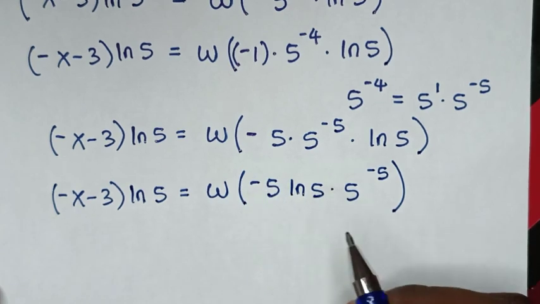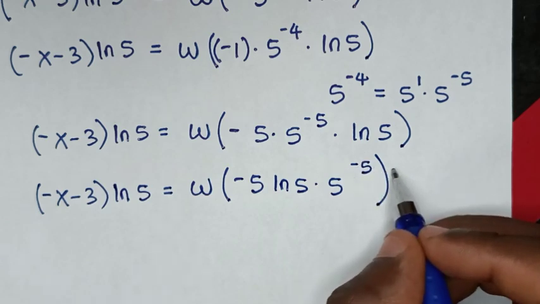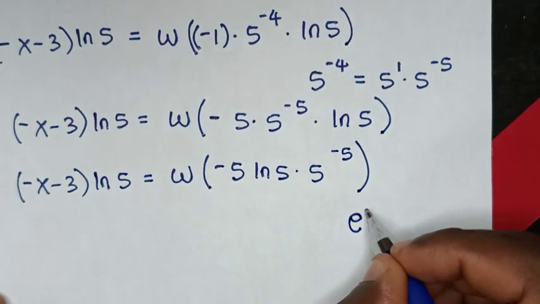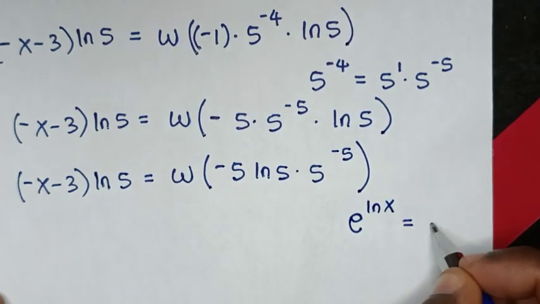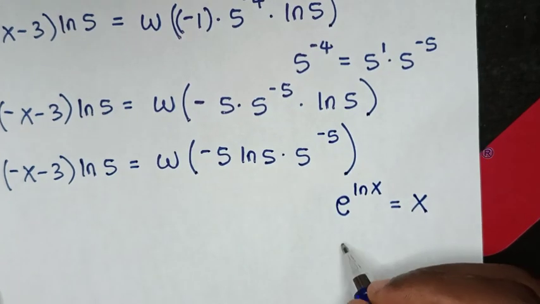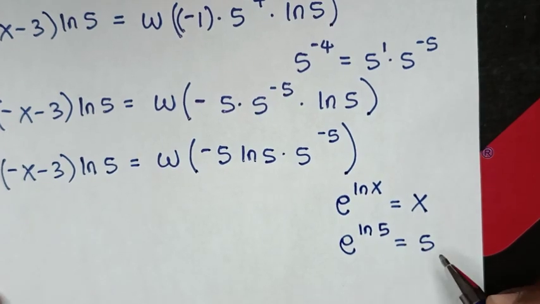Now we already get this at the base, -5 ln 5. In the power we have -5, but we don't have ln 5. So we apply the rule, which is e to the power of ln x is equal to x. So in x we'll substitute this 5, so e to the power of ln 5 is equal to 5.